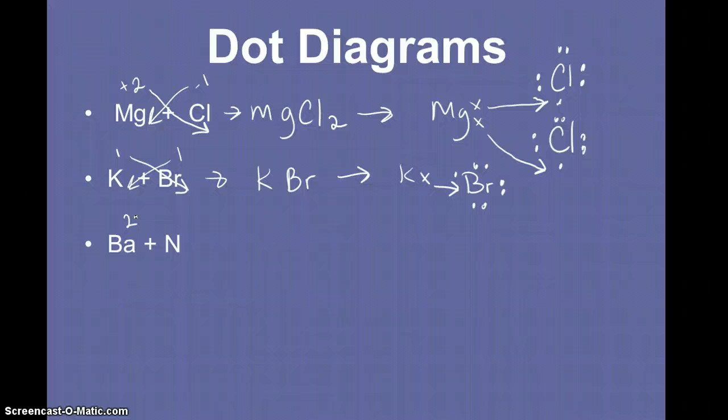It is 3. I'm going to put the 3 here. The oxidation states switch. And how do I write that? Ba3N2. That's all they're doing. Those oxidation states are switching. Always go with that top oxidation state.